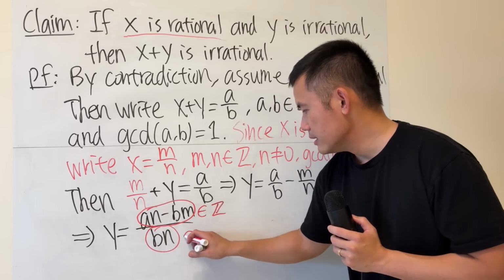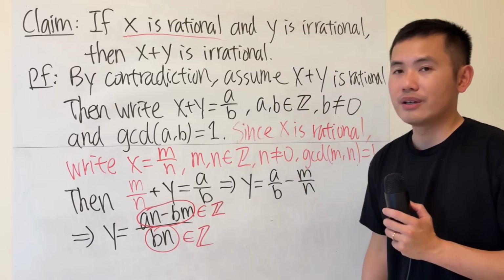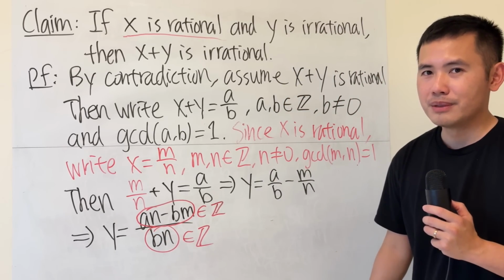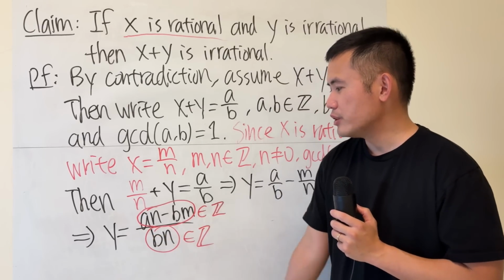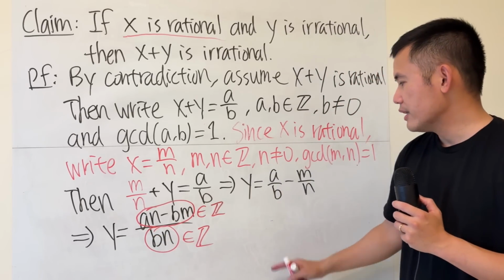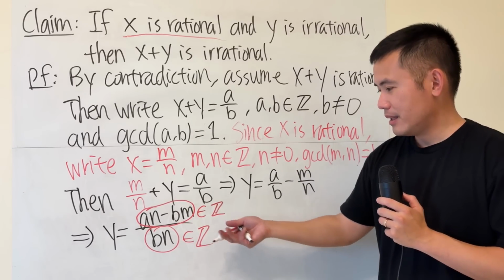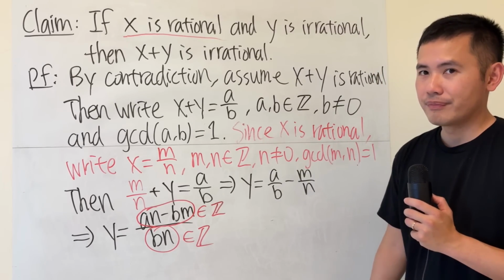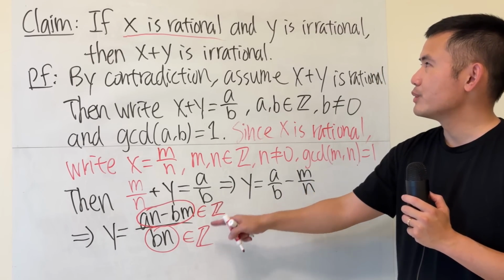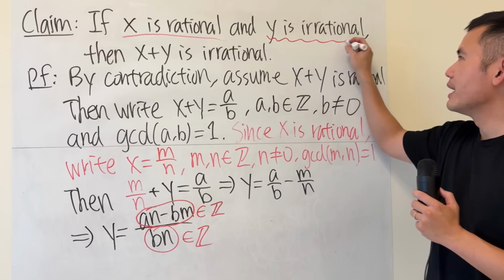Likewise, this is also an integer. And now that's a problem, because y is a ratio of 2 integers, and of course m and n, they are not equal to 0. So when you multiply them, it's not equal to 0. This contradicts with what we have right here.